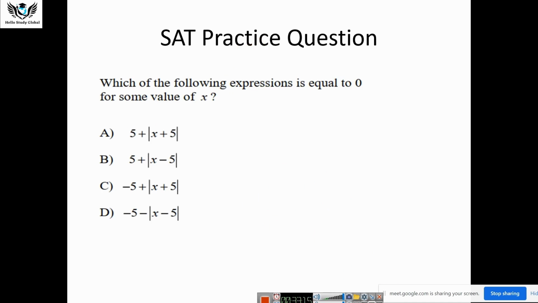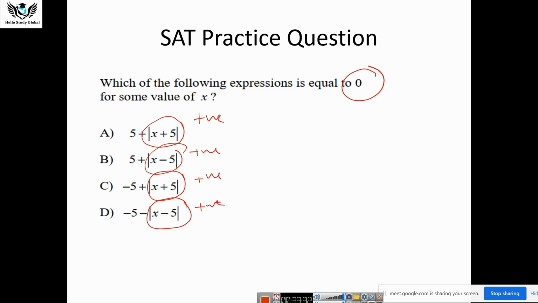Okay. So which of the following expressions would give you 0? See, one thing we know for sure, that modulus function would give you a positive value, right? Modulus function always gives a positive value, no? That is pretty sure. We can answer this question simply by common sense.